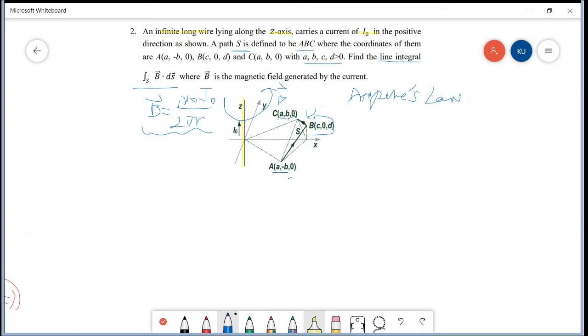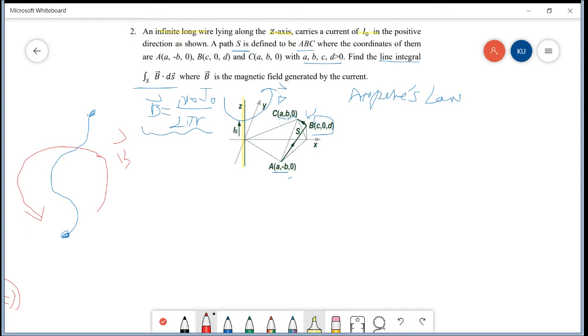When you do the line integration from here to there along this path, suppose there is a B field, something like this.